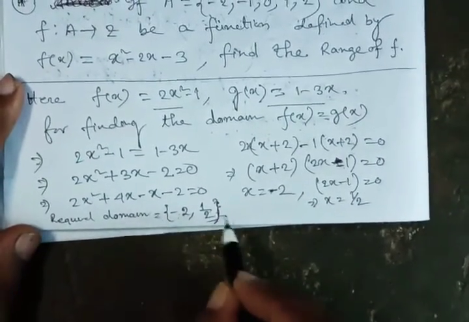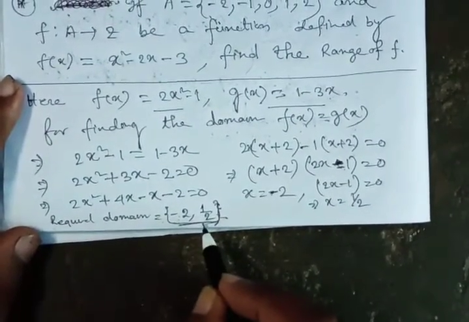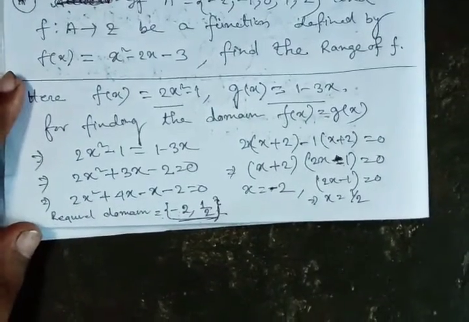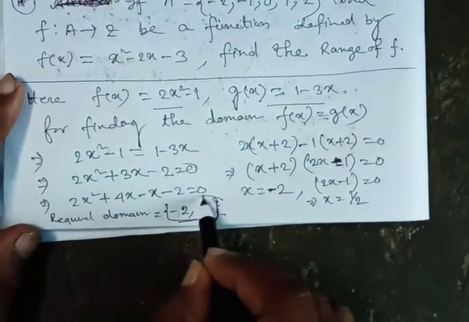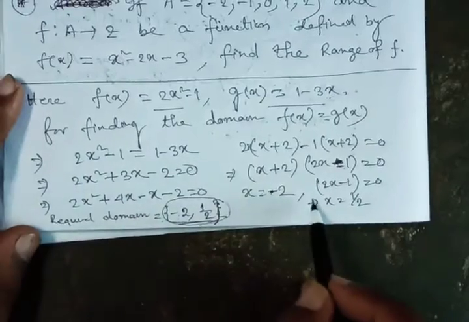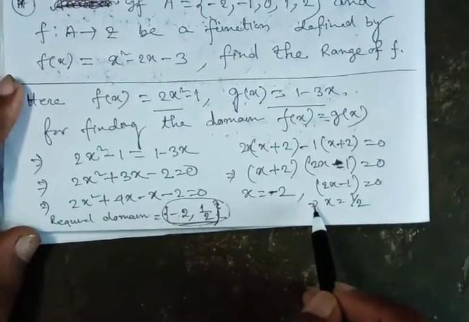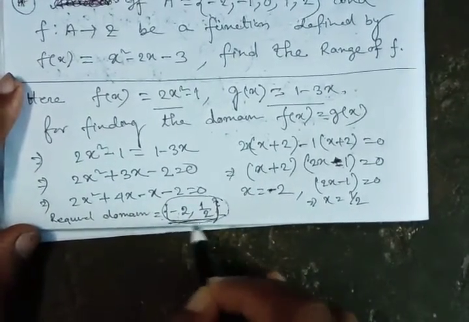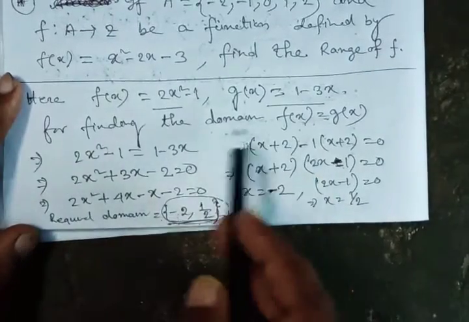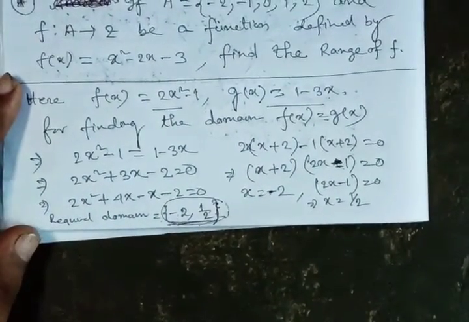So, this is the required domain, or we can say that the set of values of x, for which these two functions should be equal.